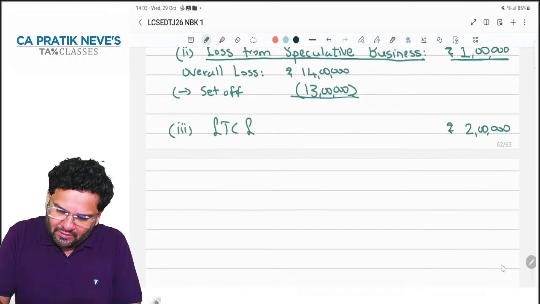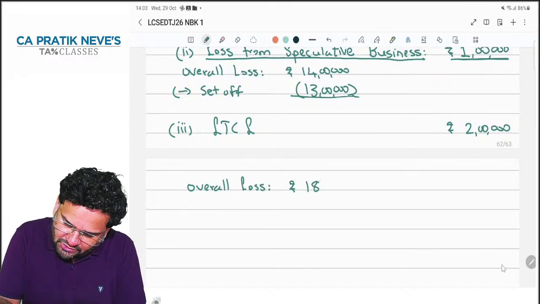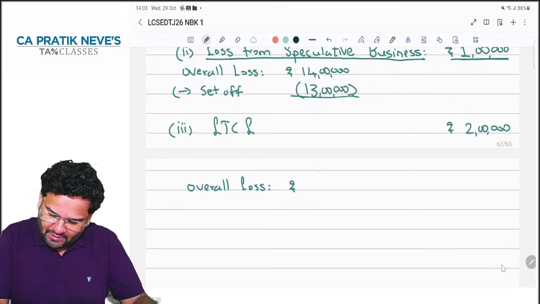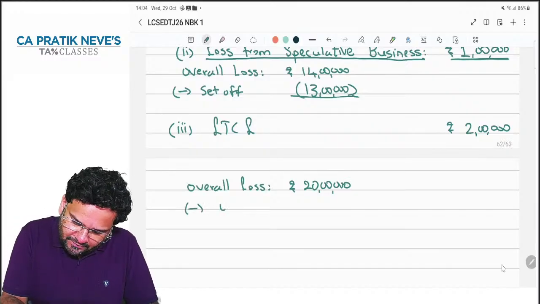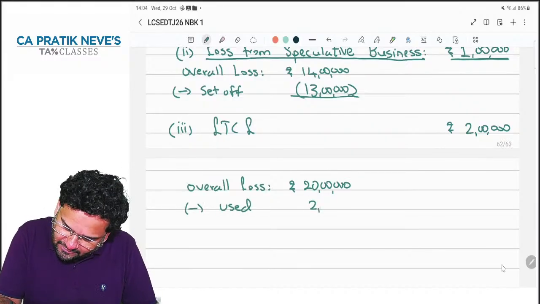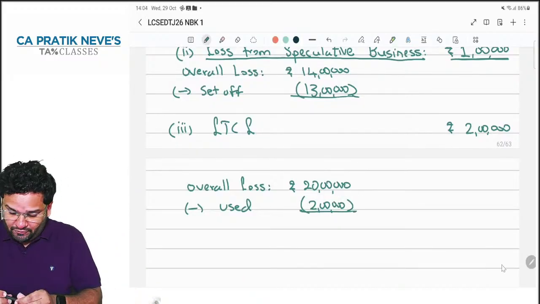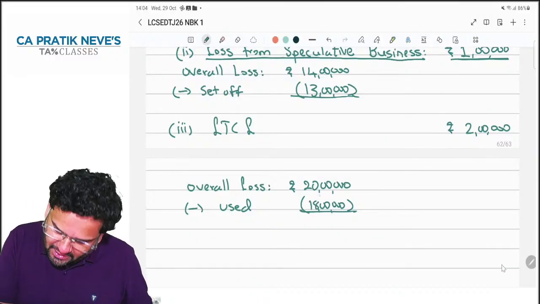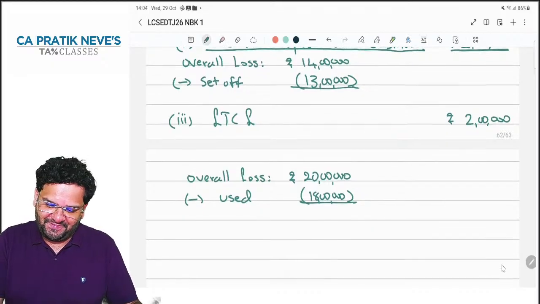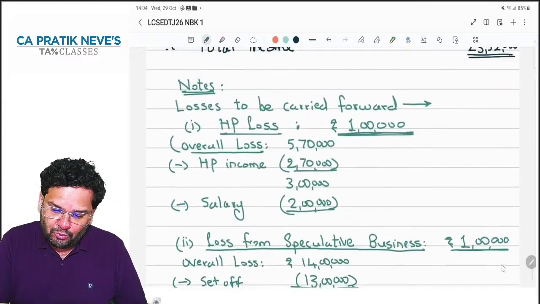Yes, because overall loss was 20 lakhs. Out of 20 lakhs, you have used 18 lakhs. So remaining is 2 lakhs. Clear?